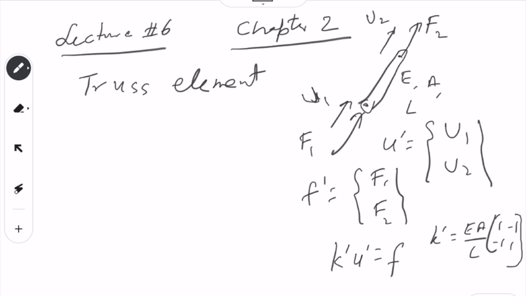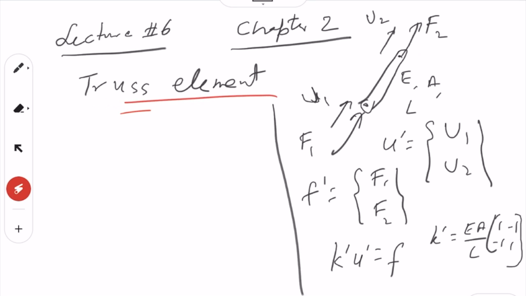Okay. So this was when the forces are aligned with the axis of the bar, the forces and displacement, right? So they are not oblique. This is the bar element.